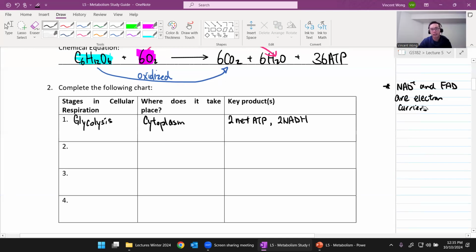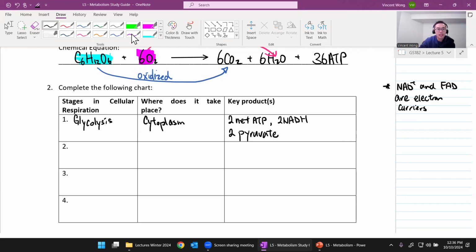They capture the electron, and when they do, it's going to become NADH or FADH2. These are all in the notes we took on Tuesday. And also, we will have 2 molecules of pyruvate, 3 carbon atoms each. We started with a 6 carbon glucose. After you split it, we have 2 3 carbon pyruvate.